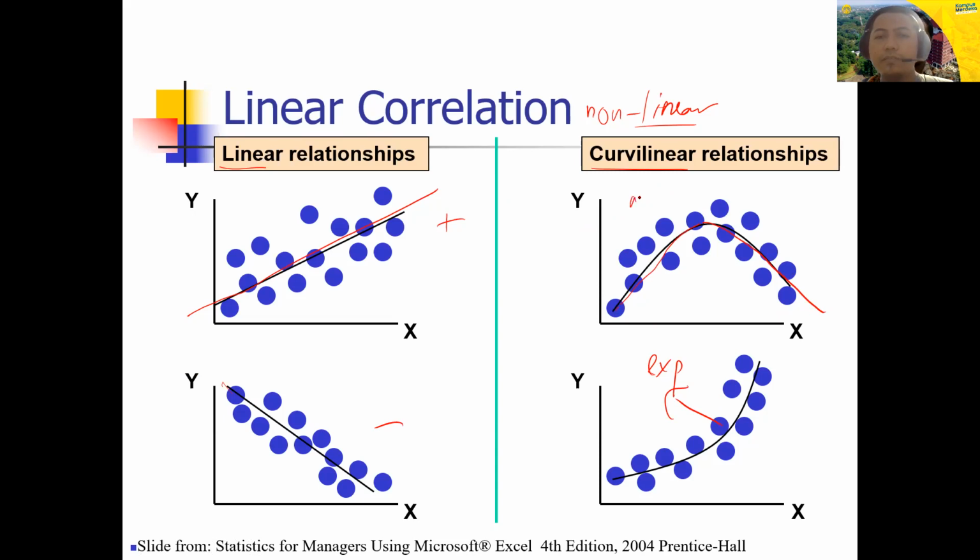It's like a maximum function, meaning that this function has a maximum value here. But we can simply say that both of these graphs are non-linear. Okay.